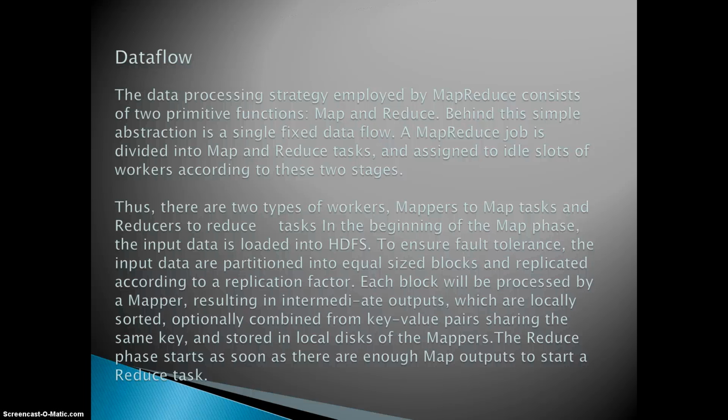To ensure fault tolerance, the input data are partitioned into equal sized blocks and replicated according to the replication factor. Each block will be processed by a mapper, resulting in intermediate outputs, which are locally sorted, optionally combined from key value pairs sharing the same key, and stored in local lists of the mappers. The reduce phase starts as soon as there are enough map outputs to start a reduce task.